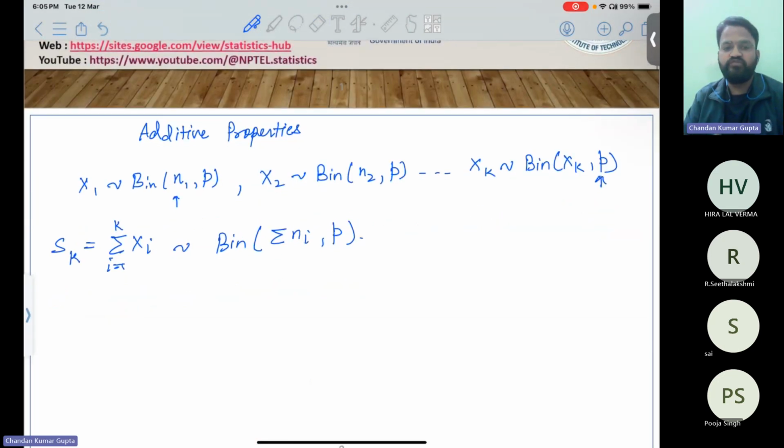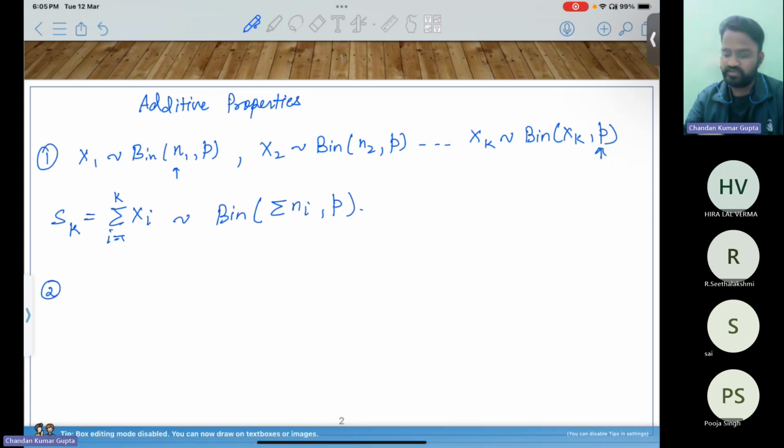So when we have some conditions, then we may find the distribution of the sum of random variables. It is the additive property. We are discussing the sums of different random variables. It may follow some particular distribution, or it may not. Our aim is to check.